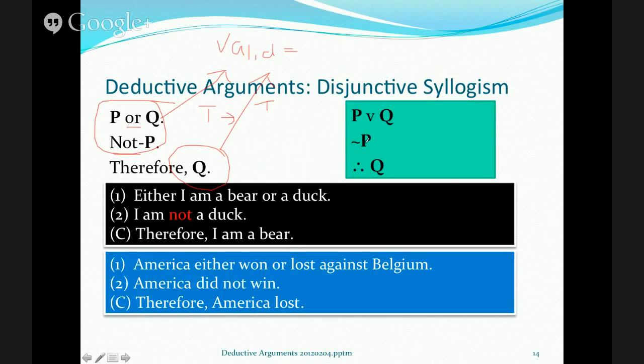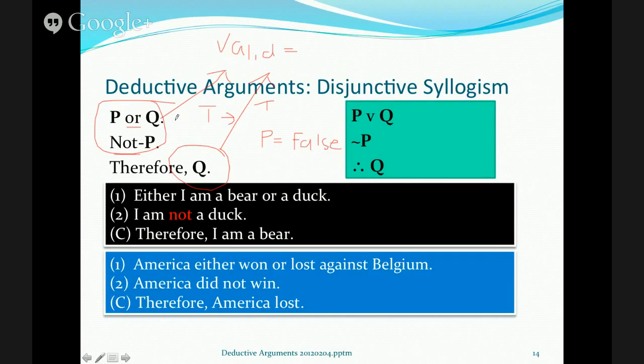So let's look at it over here. To make not P true, we have to say that P is false. So let me repeat that. To make not P true, P has to be false, because not P is its opposite.